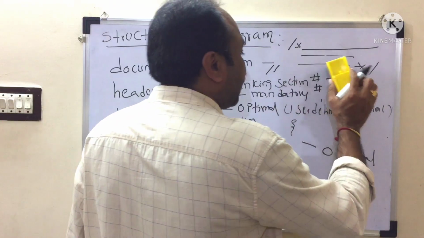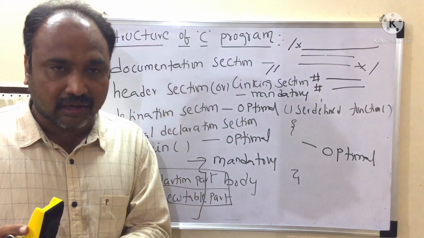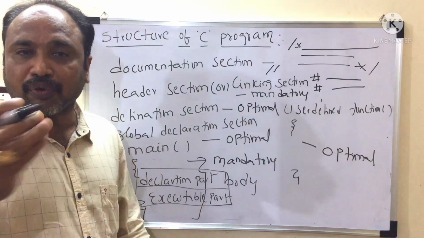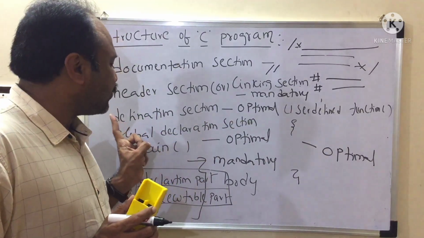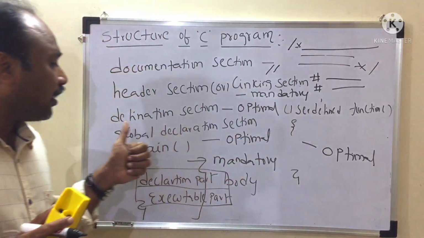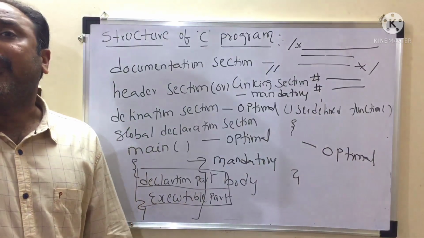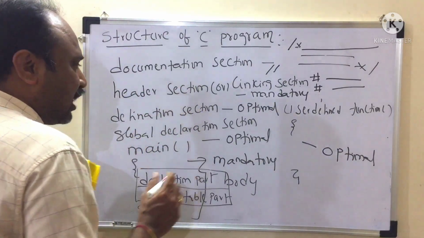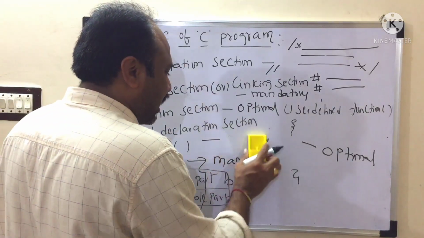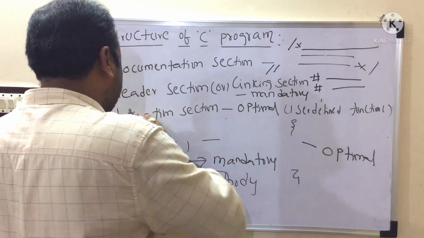Next, the definition section. The definition section is used to define symbolic constants. For every C program, we don't use symbolic constants, so it is also optional. Next, the global declaration section: the values declared before the main program. Suppose I declare a variable before main, for example int a.